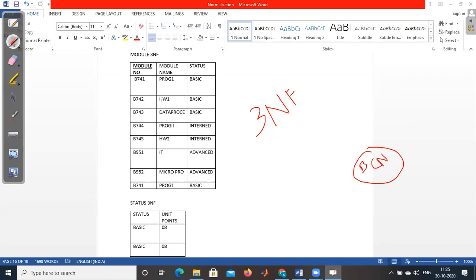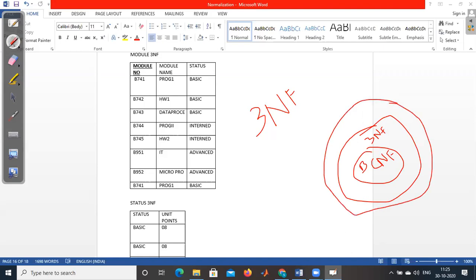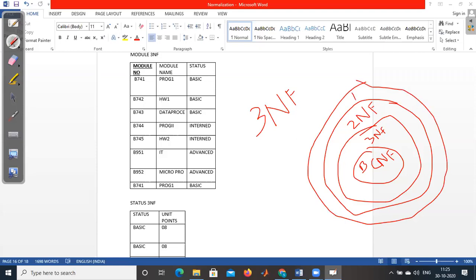Don't worry, we will discuss what Boyce-Codd normal form means later. It is followed by third normal form, followed by second normal form, followed by first normal form.